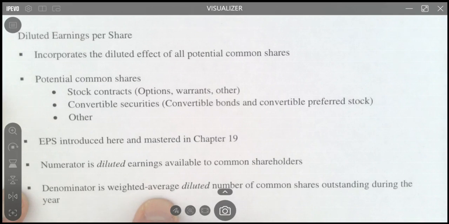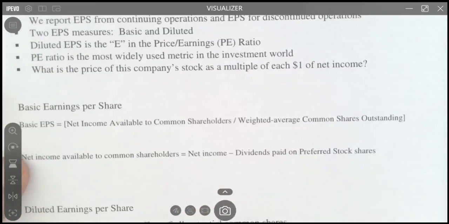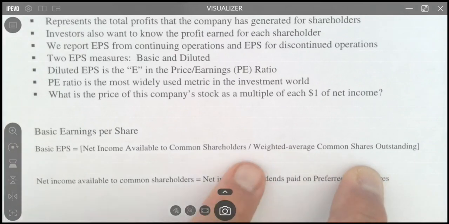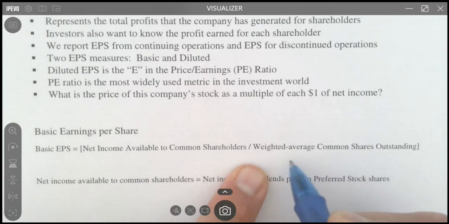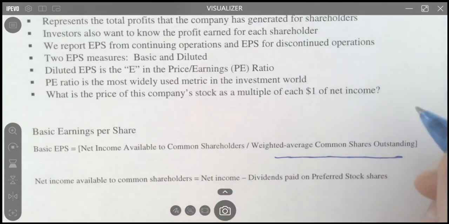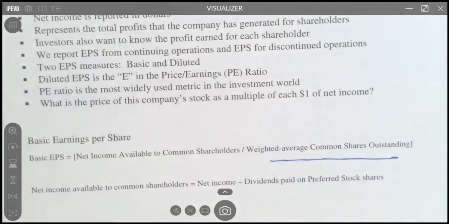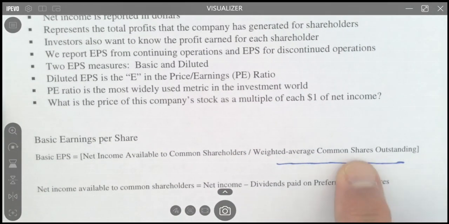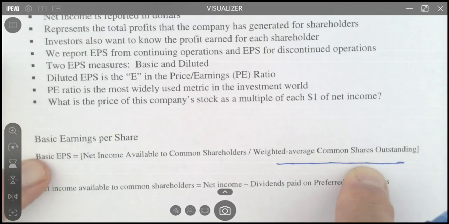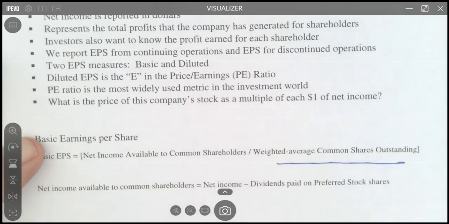It occurs to me right now that I didn't talk about weighted average common shares outstanding in the case of basic earnings per share. Weighted average common shares outstanding is necessary because this number is going to change over the period, often because of, for example, stock options being converted, stock warrants being converted.